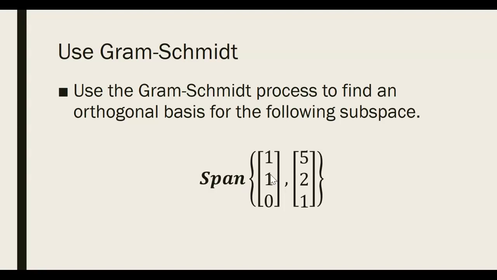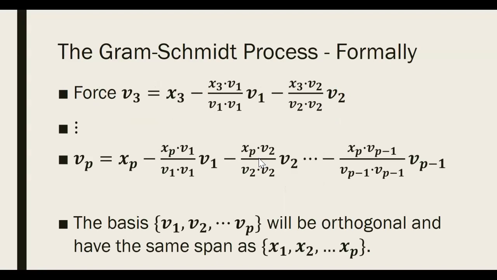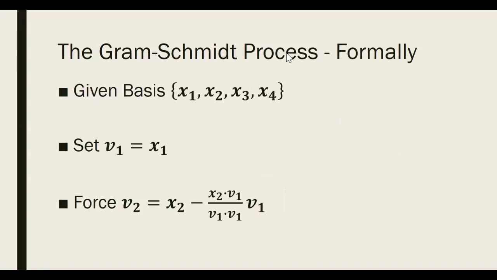So let's use the Gram-Schmidt process to find an orthogonal basis for the following subspace. Now, I do want to mention, before I get into this, that it will matter which one you call x1 and which one you call x2 and which vector you call x3 and which vector you call x4.